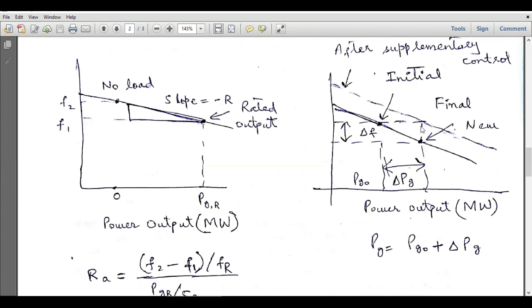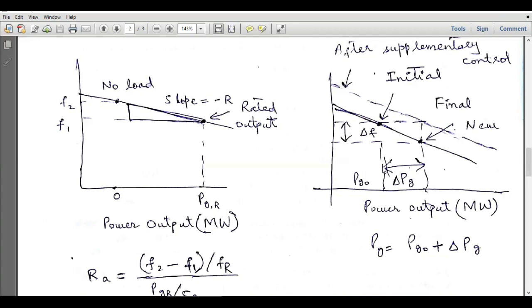And you can see at this point, the new system frequency is this, and this is exactly equal to the old system frequency. So this is our initial frequency, this is our new frequency, and after supplementary control, this is our final frequency. This is delta F deviation in the generation frequency.